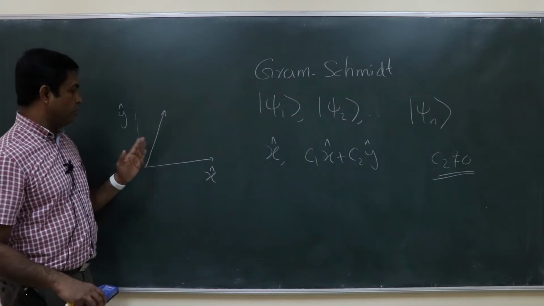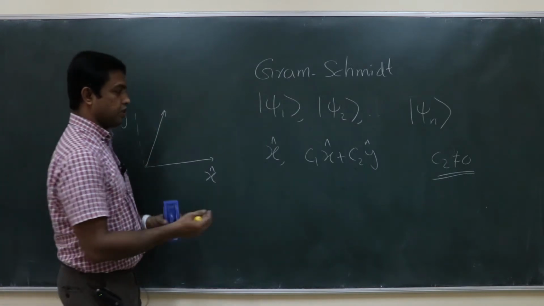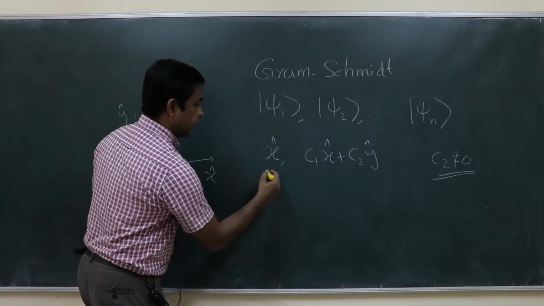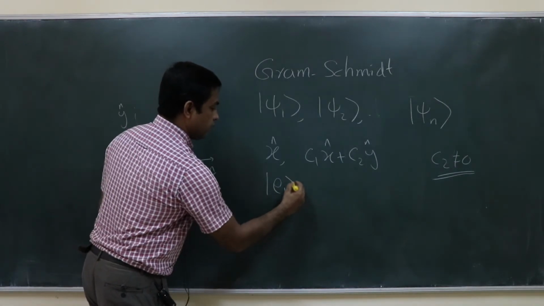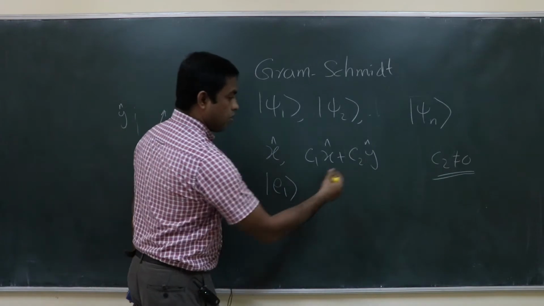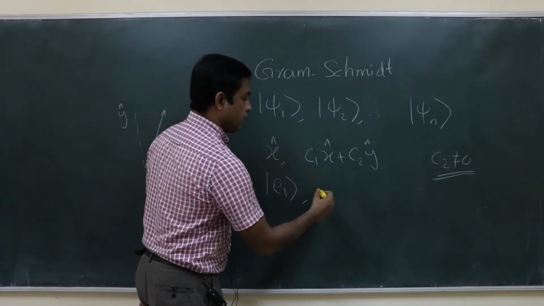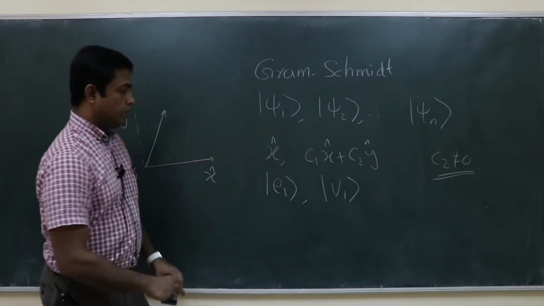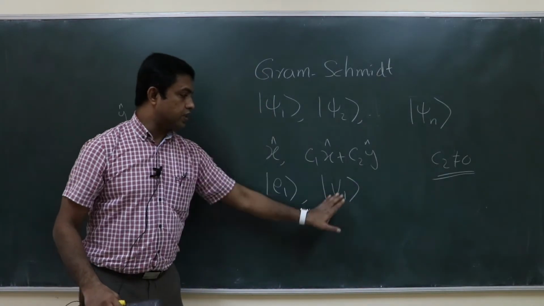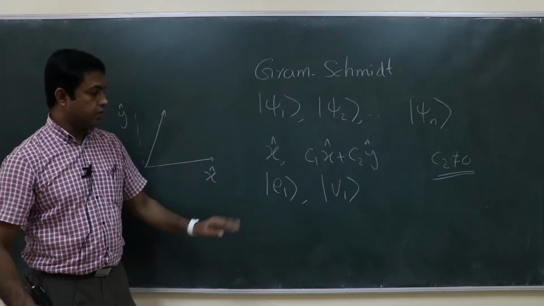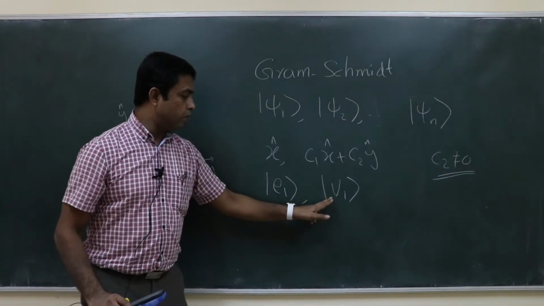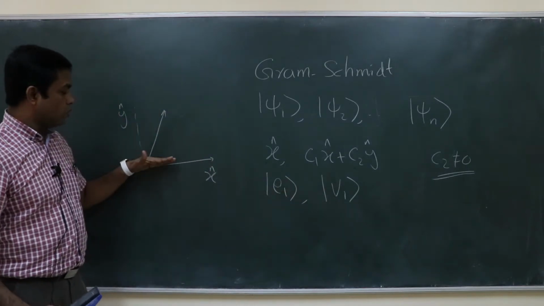Suppose this vector is x cap; I call it ket E1. And this one, which is not normalized, I call ket V1. So ket E1 is normalized. I want to make ket V1 orthogonal to this one.